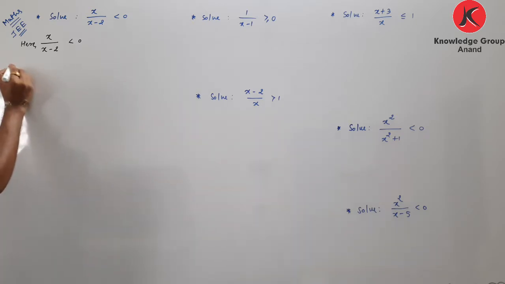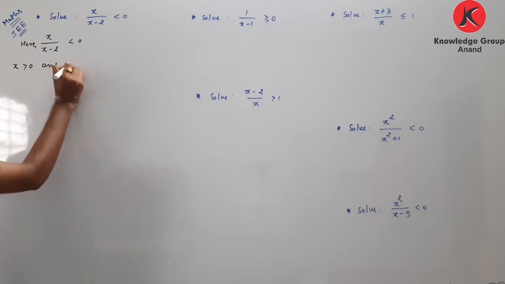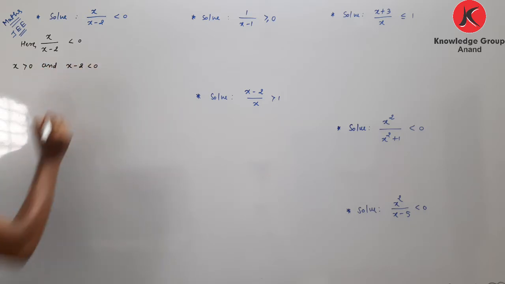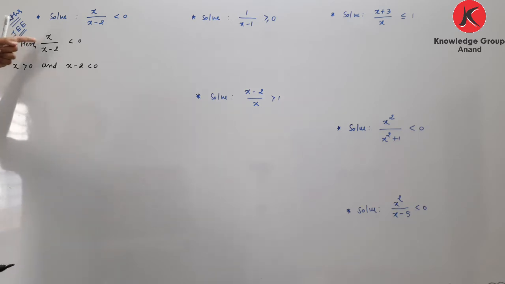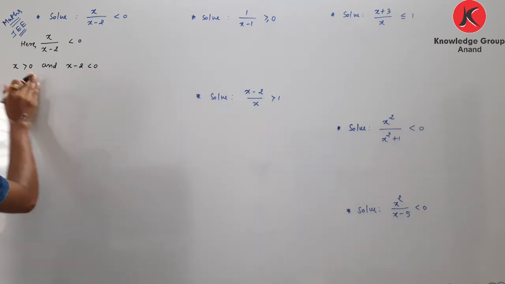First one is that the numerator x is positive and the denominator is negative. Numerator positive, denominator negative, then positive divided by negative gives a negative answer. This is the first case.